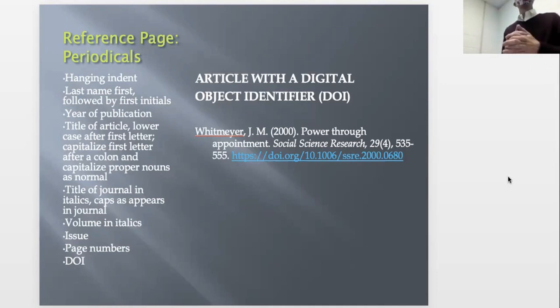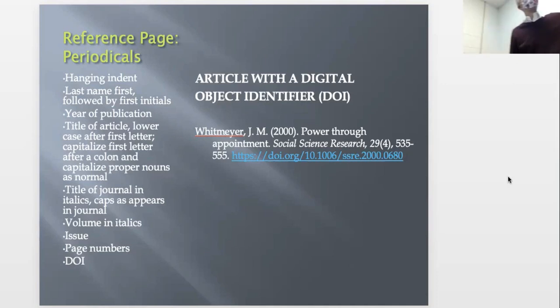For titles of articles and of books, we capitalize the first letter and then everything else is lowercase. With a few exceptions. If you have a colon, and a lot of articles have colons, capitalize the letter after the colon, and if you had a proper noun like Abraham Lincoln, say, you would capitalize the A and the L. Okay? Then we have, but no quotation marks, which is again different from MLA.